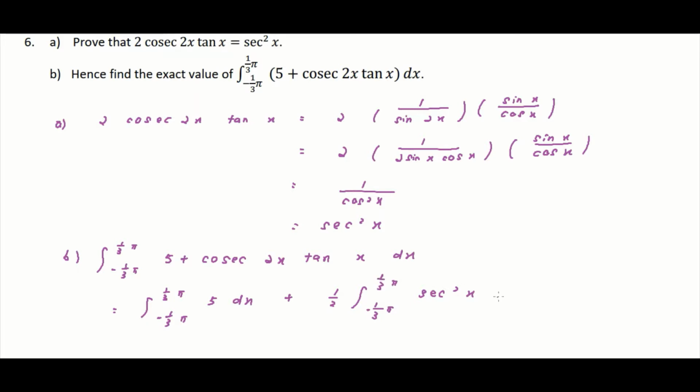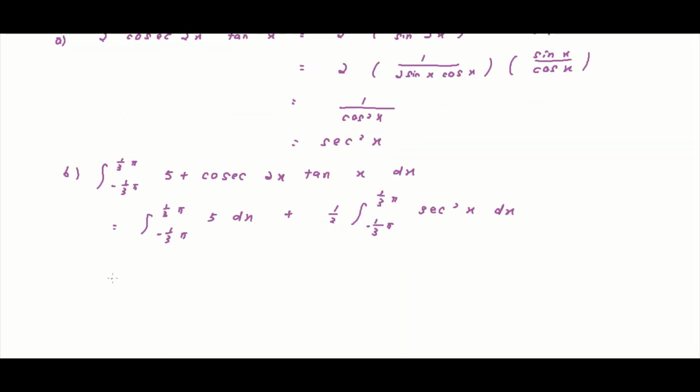Now we can start to do the integration. For 5, it will become 5x, from negative 1 over 3 pi to 1 over 3 pi, plus 1 over 2. For secant square, after you integrate, you have tangent x, from negative 1 over 3 pi to 1 over 3 pi.